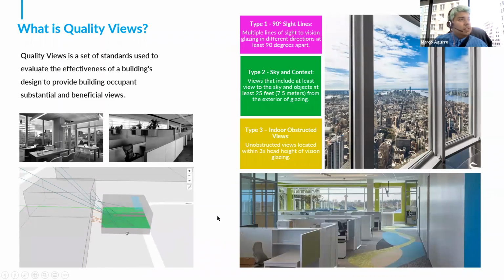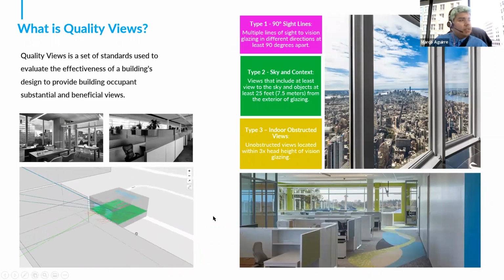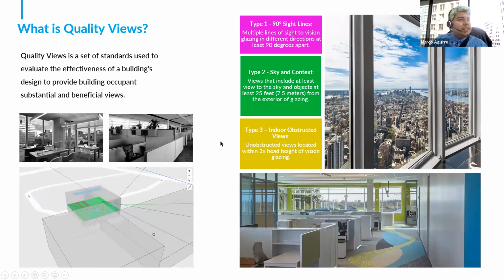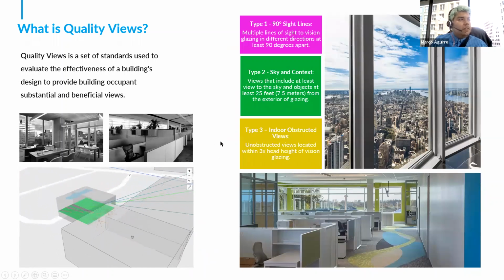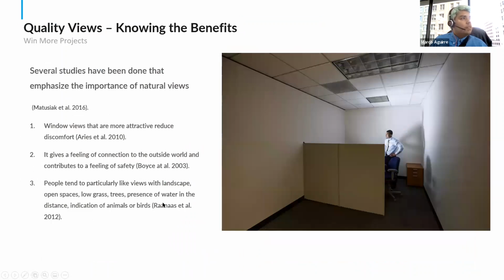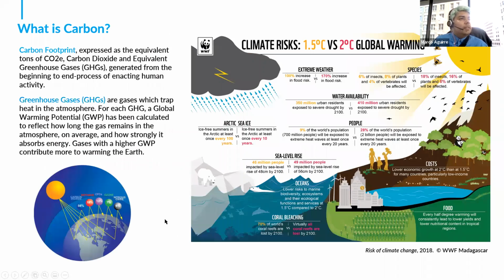Quality views is another analysis that folks tend to forget about. So what does that analysis actually represent? How that's going to add additional comfort and value to the occupants and then value to the building. Understanding the benefits and how to actually showcase the difference between the analysis and the real world application, things like that.